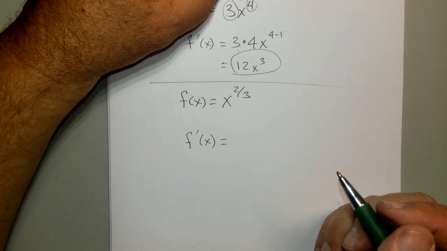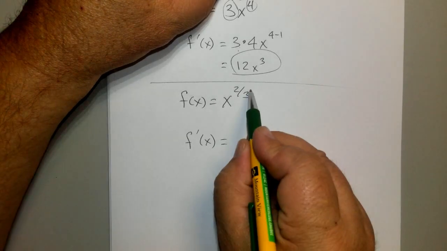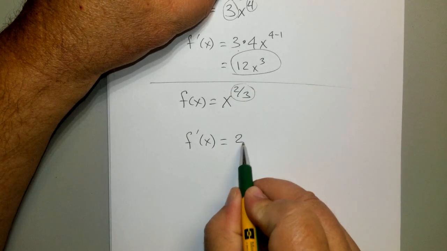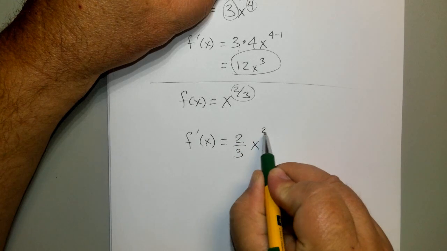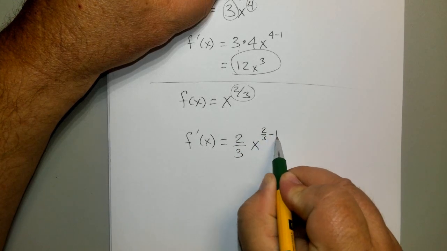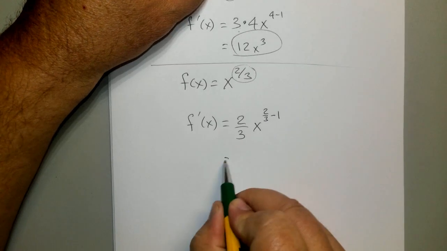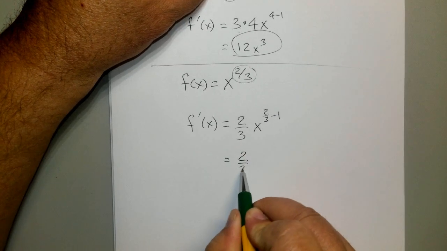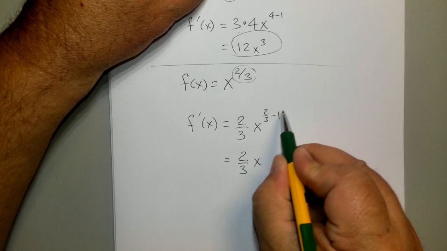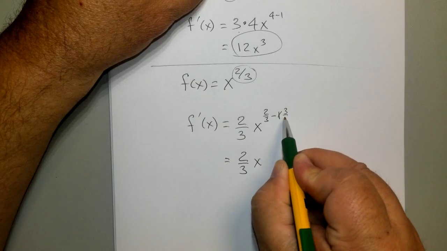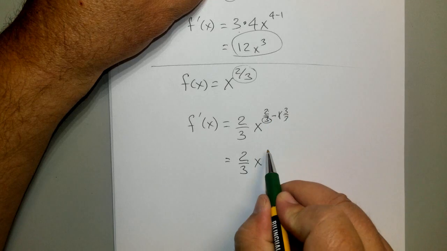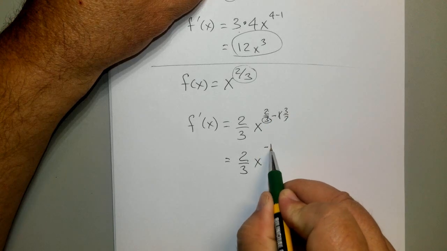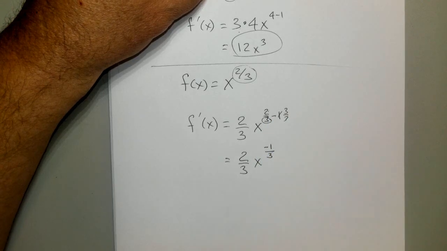First step, bring down the exponent, so make it your coefficient. And then for the exponent, you have to subtract by 1. So 1 is the same thing as 3 over 3, because we have a denominator of 3. 2 minus 3 is negative 1 over 3.